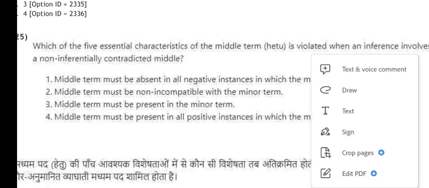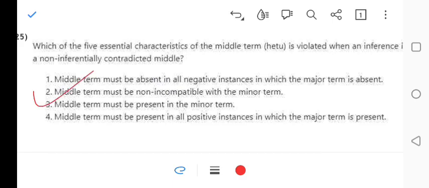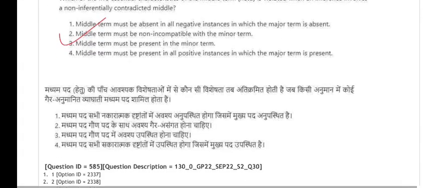So number 2 will be correct. Middle term must be non-incompatible with the minor term. This is what I have found to be correct.